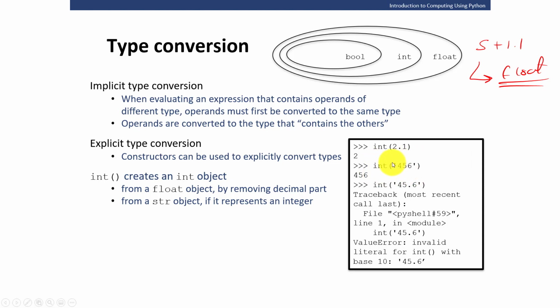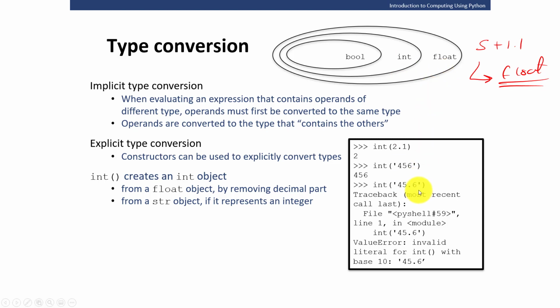Simply I can use the constructor int, wrap it around that string, and this will give me the integer. Now let's take a look at this example here: 5.6, and I try to convert it using int. This will give me an error. Why? Because 5.6 doesn't belong to the integer type itself. It belongs to the float.